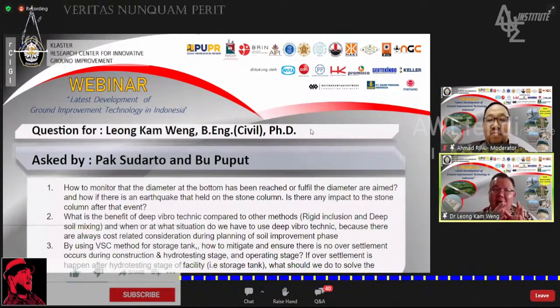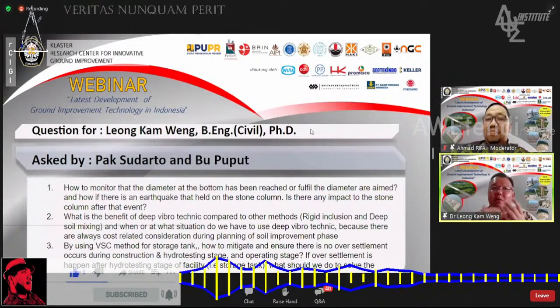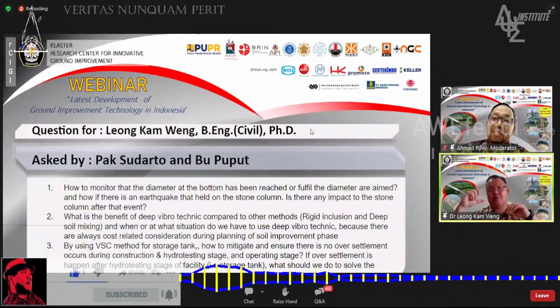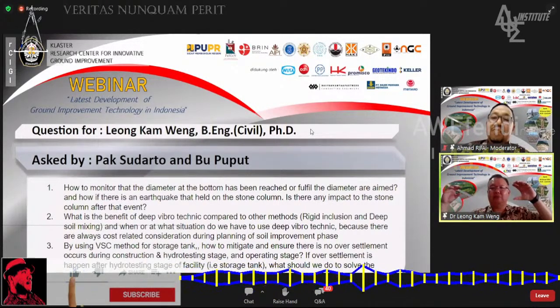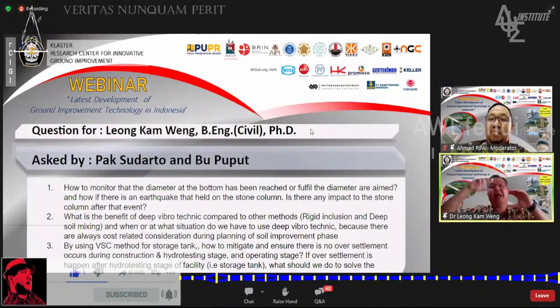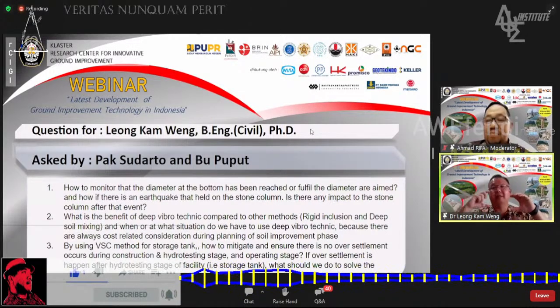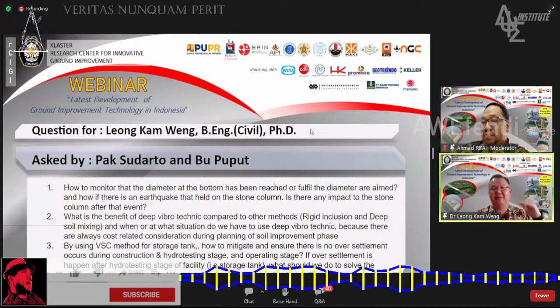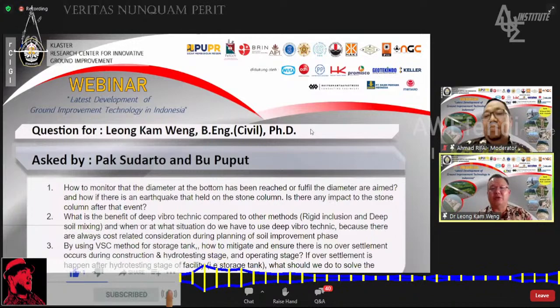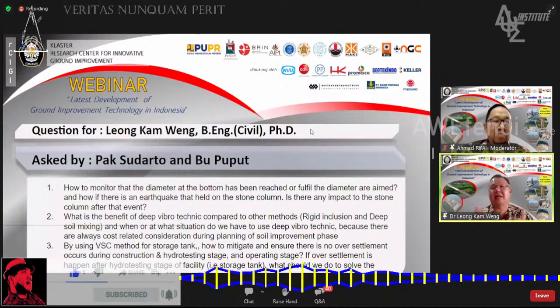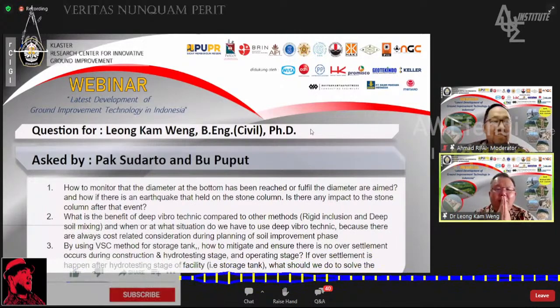But if the over-settlement has exceeded the tank specification, normally, if the excess is not so much, the key is the connection of the pipe to the tank, so you can use a hanger to correct the differential settlement. That's one part. When the situation becomes very bad, what you normally do is check out the tank and fill up with a sand layer. So these are a couple of things you can adopt when you have this problem.